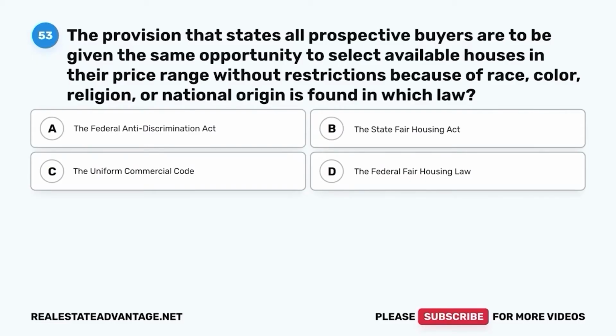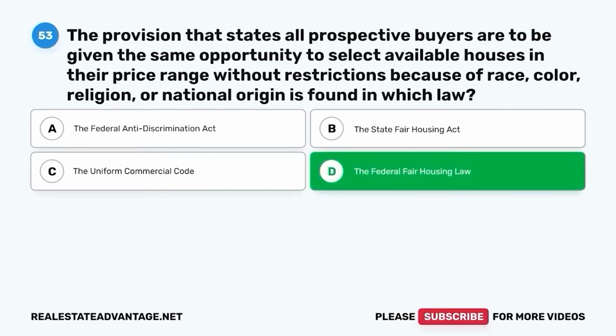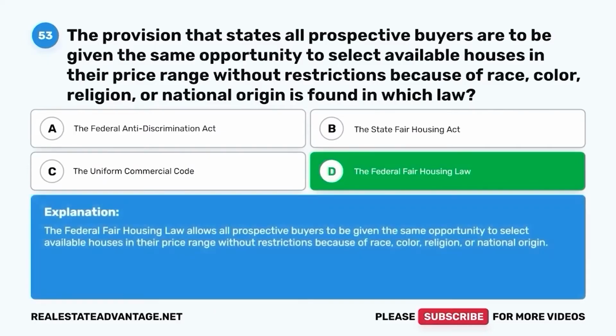D. The Federal Fair Housing Law. The correct answer is D, the Federal Fair Housing Law. The Federal Fair Housing Law allows all prospective buyers to be given the same opportunity to select available houses in their price range without restrictions because of race, color, religion, or national origin.